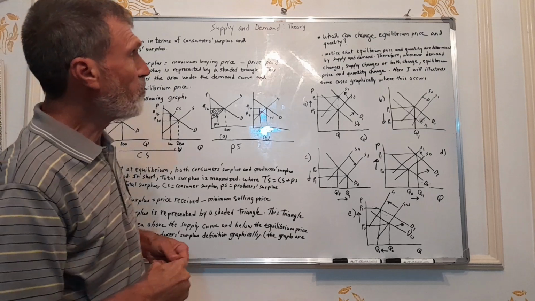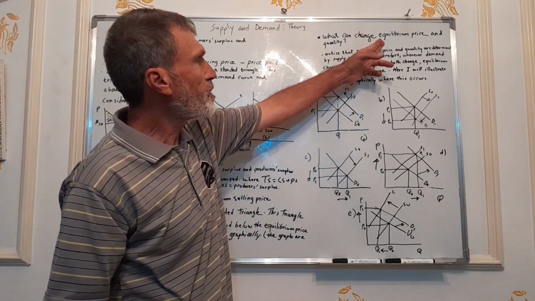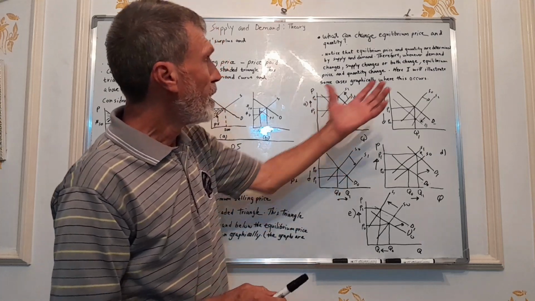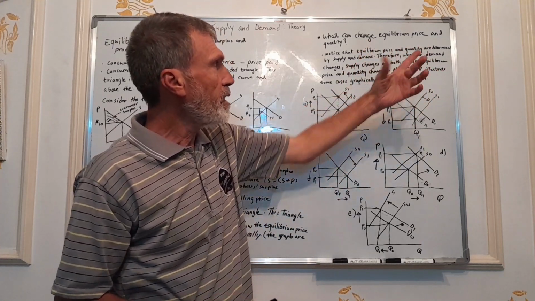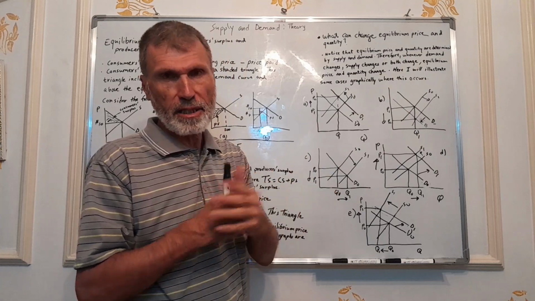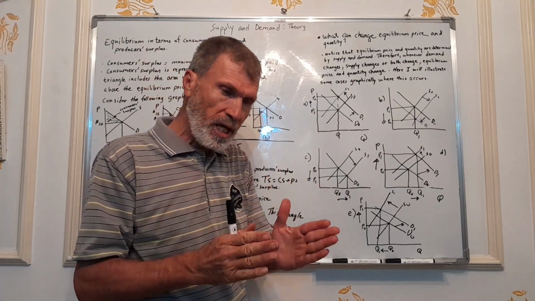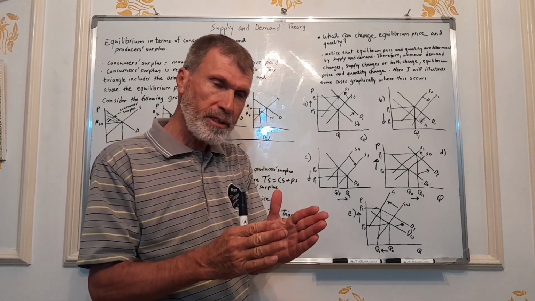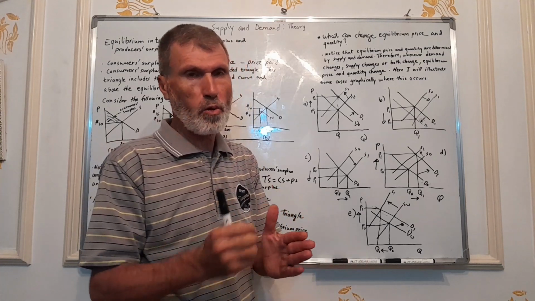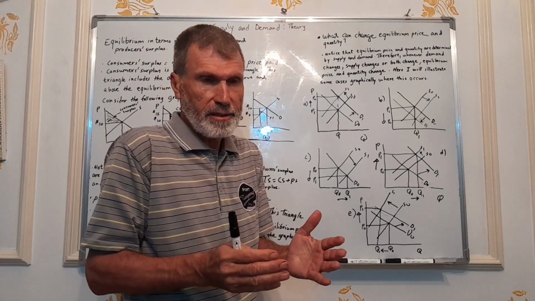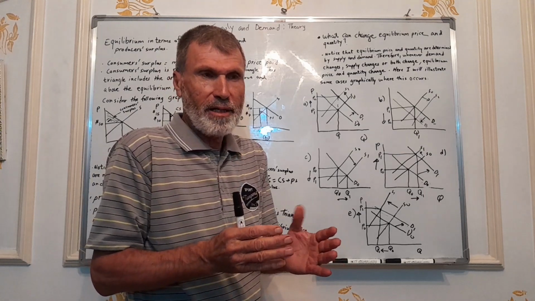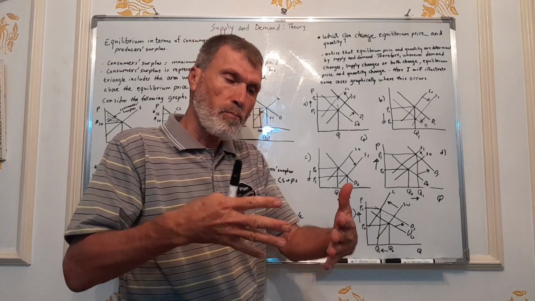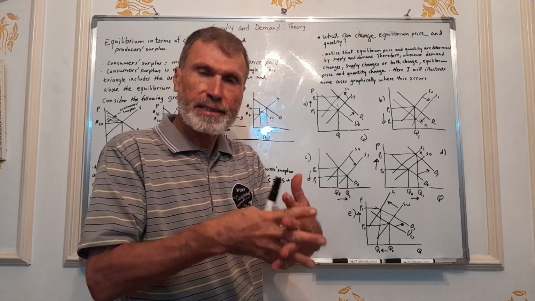Now we move to talk about what can change equilibrium price and quantity. Remember that equilibrium price and quantity are determined by supply and demand. You can't come up with the equilibrium price or quantity unless both demand and supply exist.